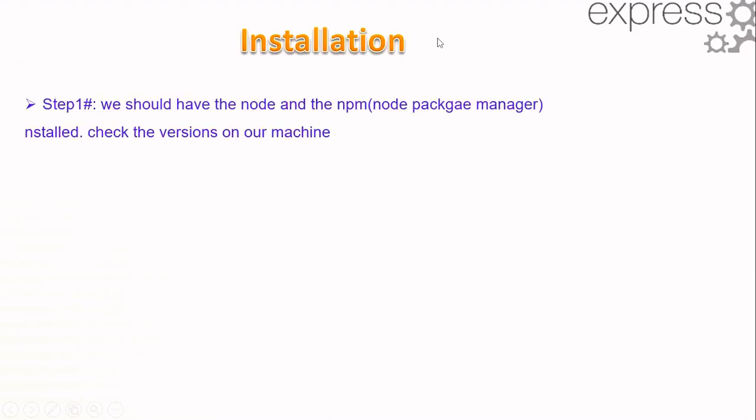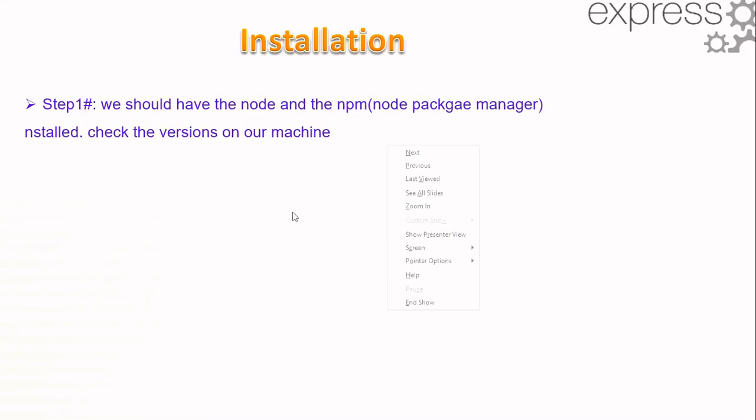So let me see how to install Express.js on our PC, machine, or laptop. First of all, we should have node and npm installed on our PC. We have to check the versions on our machine.